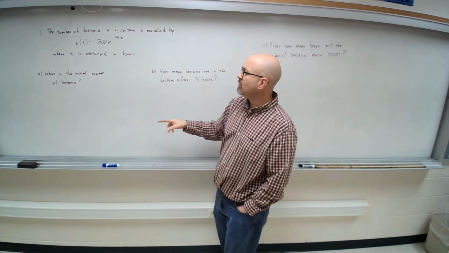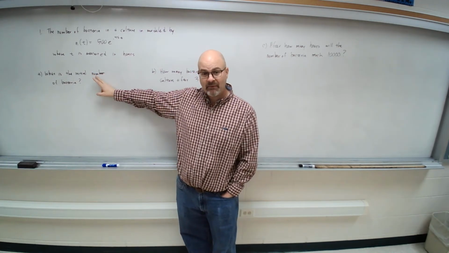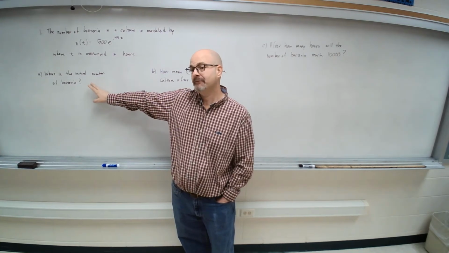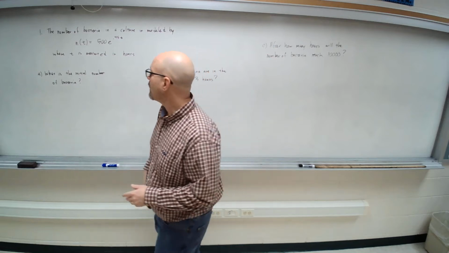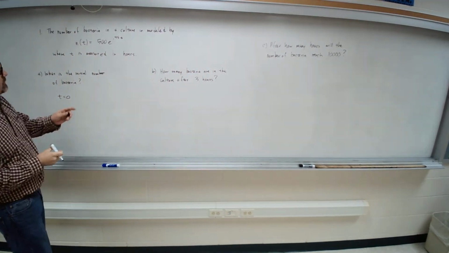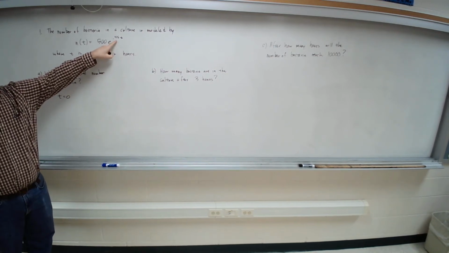The first is just what is the initial number of bacteria? Now this is one you should be able to answer without a calculator because we know the initial number is at what time? Time 0, right? So that would be when t is 0. And that means that when you plug into here, your exponent is going to be 0.